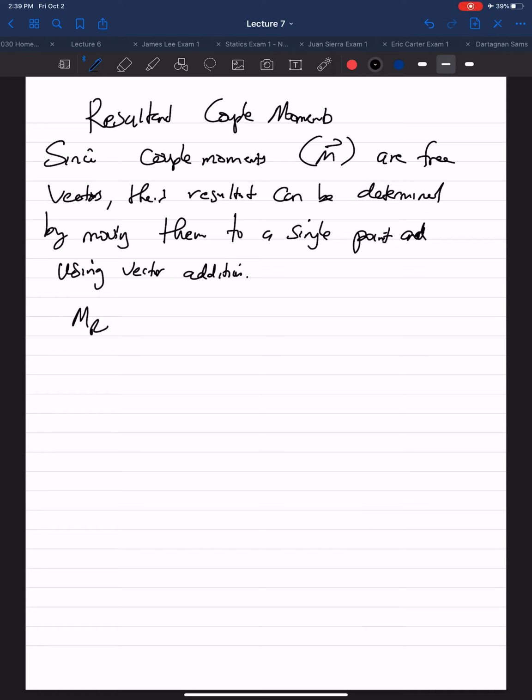So the resultant, or the sum of all the couple moments, is basically M1 plus M2 plus and so on. Or we can write them in our vector notation. The resultant couple moment is the sum of all the individual couple moments.